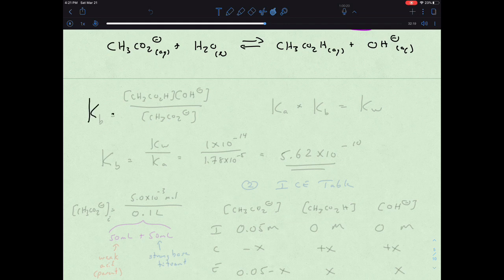Really a conjugate base style question. That means our Kb would be equal to those products over our starting materials. And that our Ka times our Kb is equal to our Kw, right?